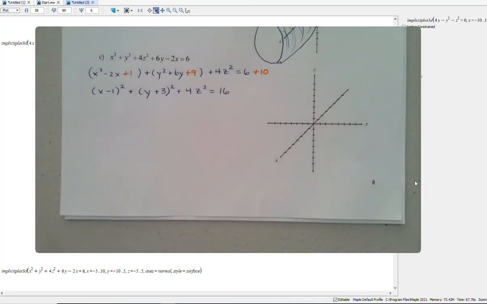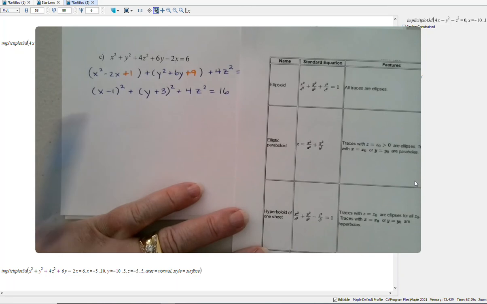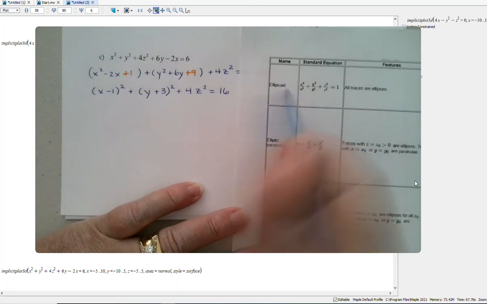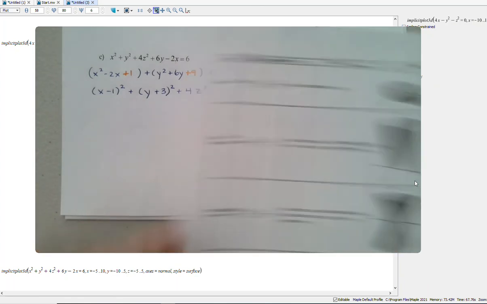I actually think we're looking at the very first one here. All the squared terms are positive. This is equal to 1, so I can go ahead and divide everything by 16 here, which I'll do in just a minute to get that 1. But basically, I think I'm looking at an ellipsoid.